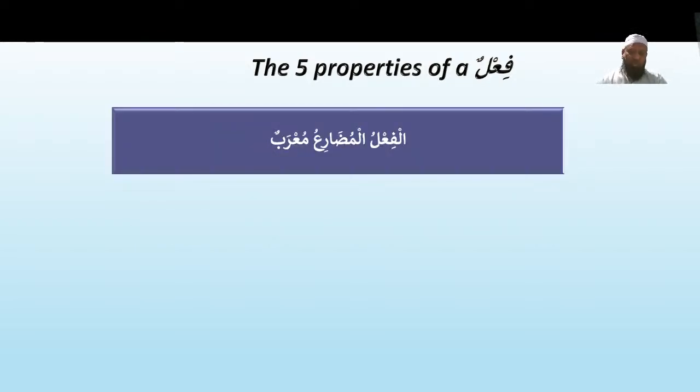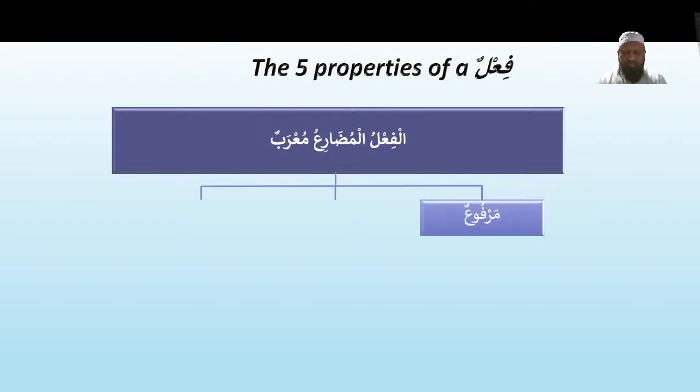الفعل المضارع معرب. Remember this, فعل مضارع is always معرب. And again, it can be معرب in 3 ways. Number 1, it can be مرفوع. Number 2, it can be منصوب.